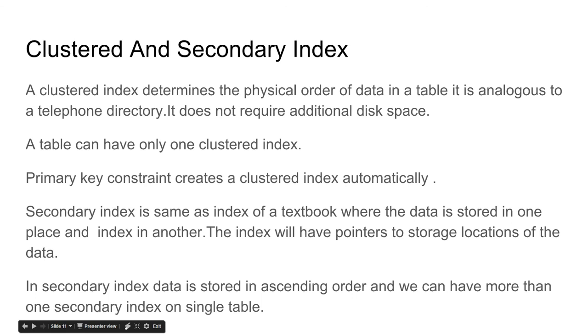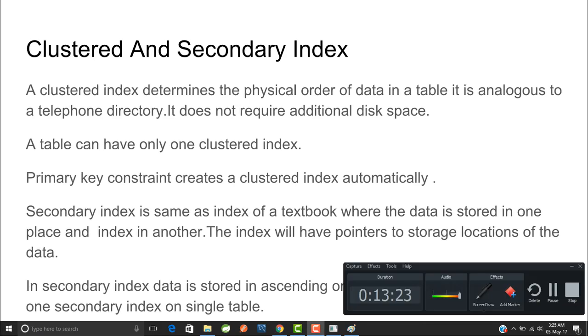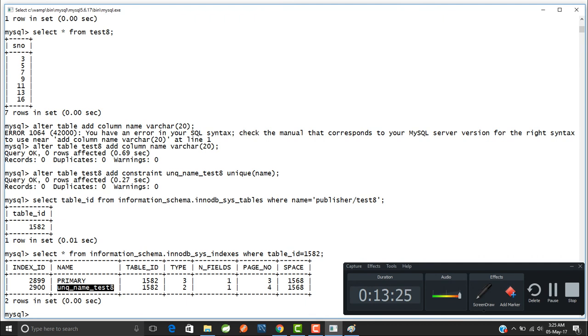The index has pointers to the storage locations of the data. Always, in MySQL, secondary indexes store data in ascending order, and there can be more than one secondary index on a table. For example, in the previous video, in the employees table we created secondary indexes on the commission column and on the salary column.